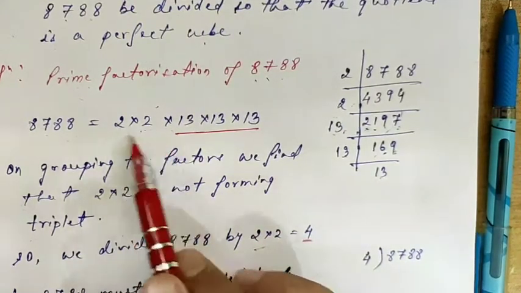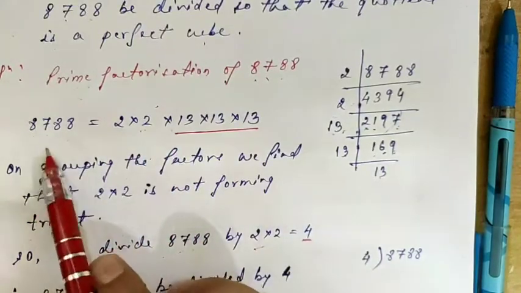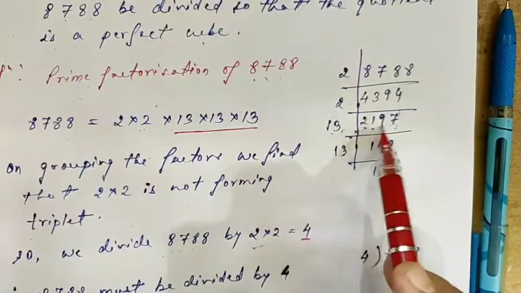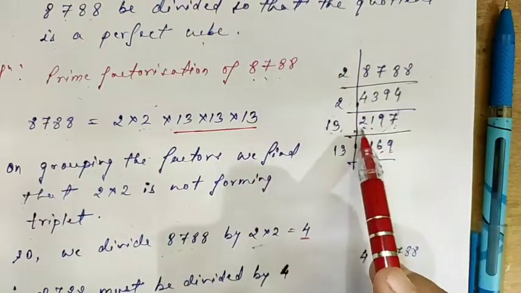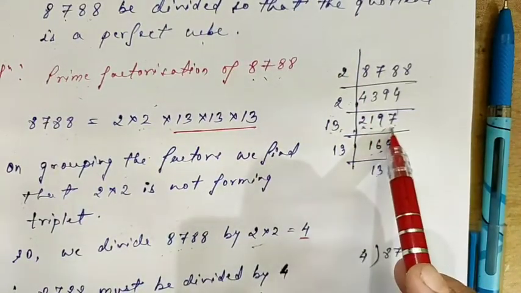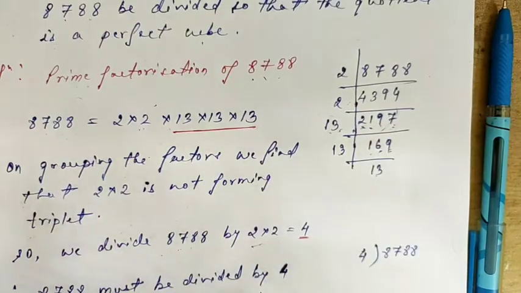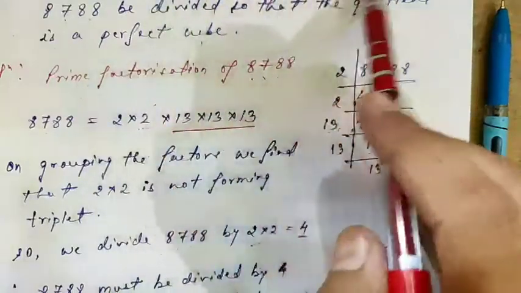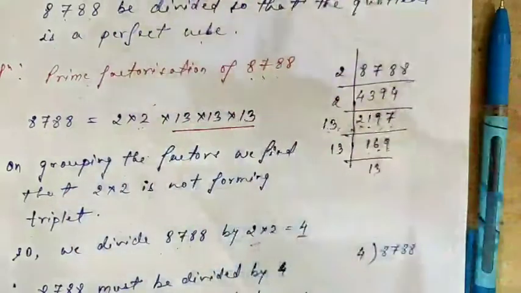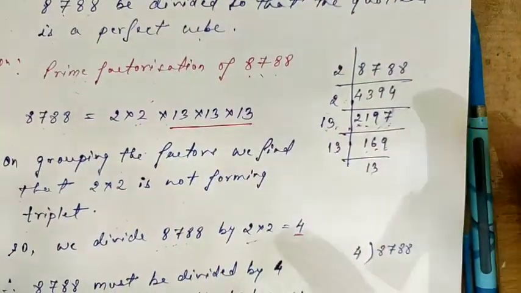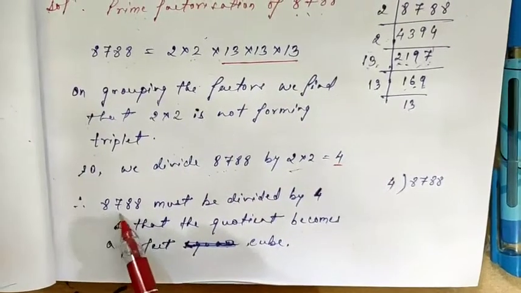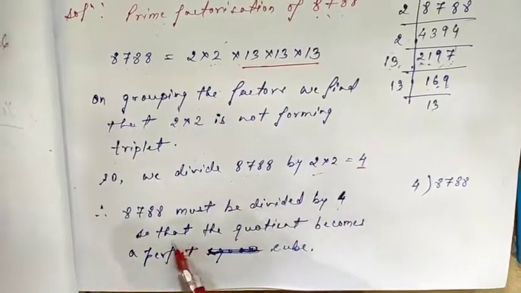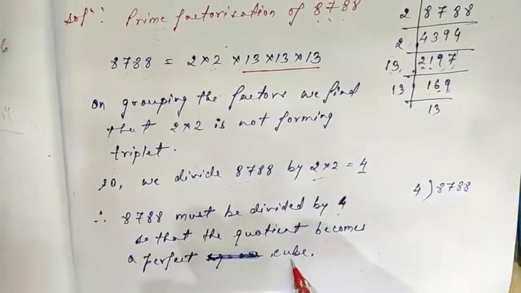We divide 8788 by 2 into 2, that is 4. If we divide by 4, this 2 and 2 get cancelled, and you will get 2197. It is asked to find the smallest number by which this must be divided. So you can write your answer as: therefore 8788 must be divided by 4 so that the quotient becomes a perfect cube.